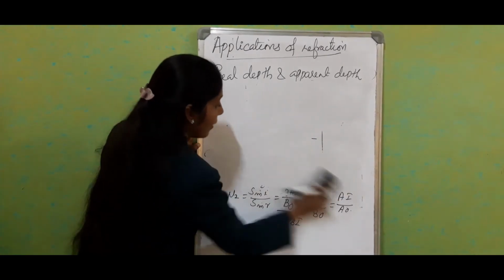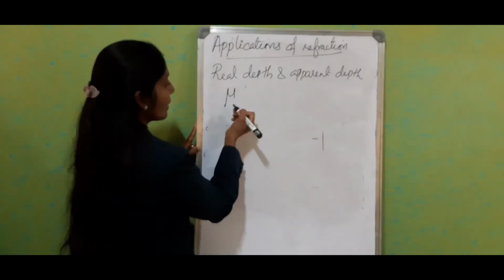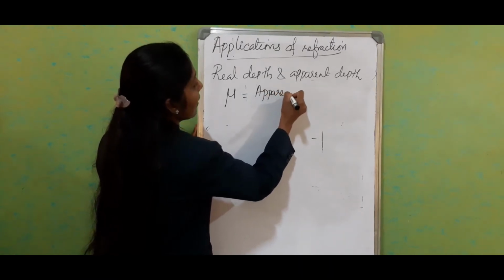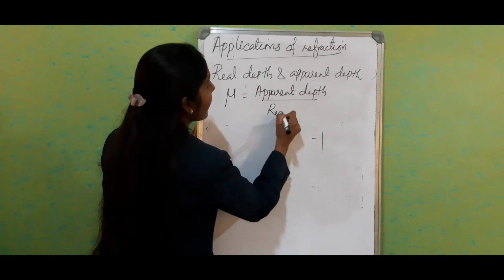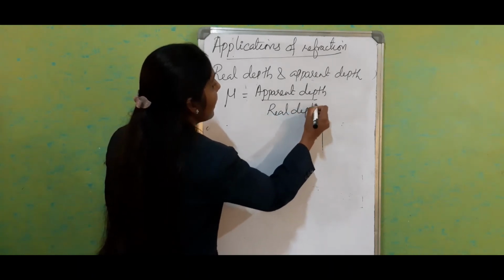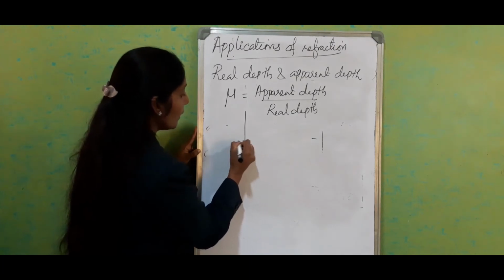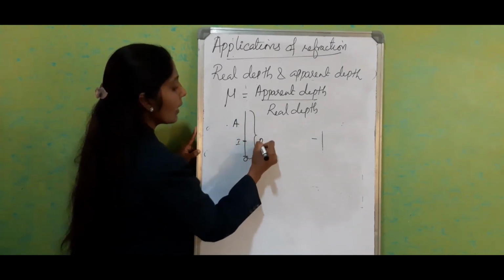So the refractive index is equal to apparent depth divided by real depth. In between, just imagine this is the original position. We feel the image here. This is the apparent depth and this total is the real depth.